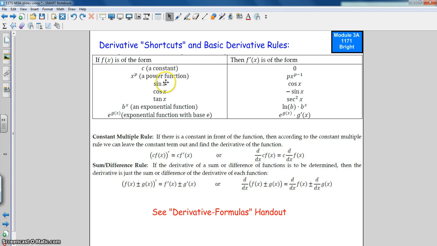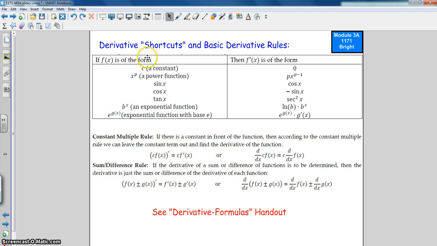Okay, and so this is also saying that, for example, the derivative of cosine x is minus sine x. And then similarly, the only one that's a little deceiving is this exponential one. And this is due to the chain rule, which we'll talk about in module 3C. Okay, so know that that's coming, but that is the general form of the derivative.